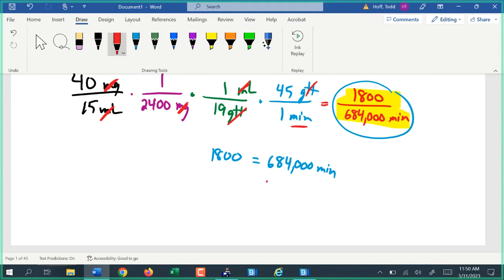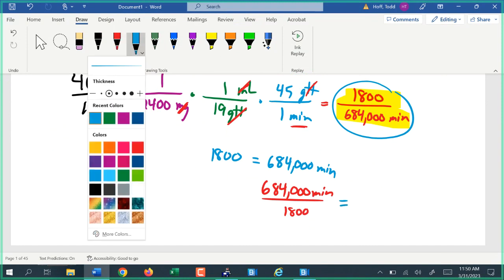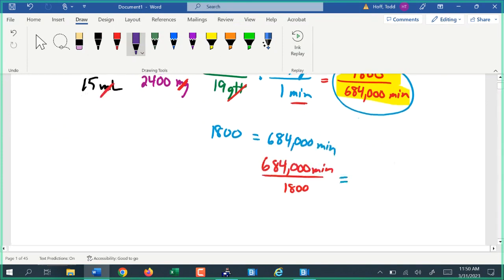We can flip it over, have the 684,000 minutes over the 1,800. And we would want to do that because it wouldn't make sense to divide it the other way and have it per minute. That's not a time unit. That's a rate. So dividing this out, once again, would give us 380 minutes.